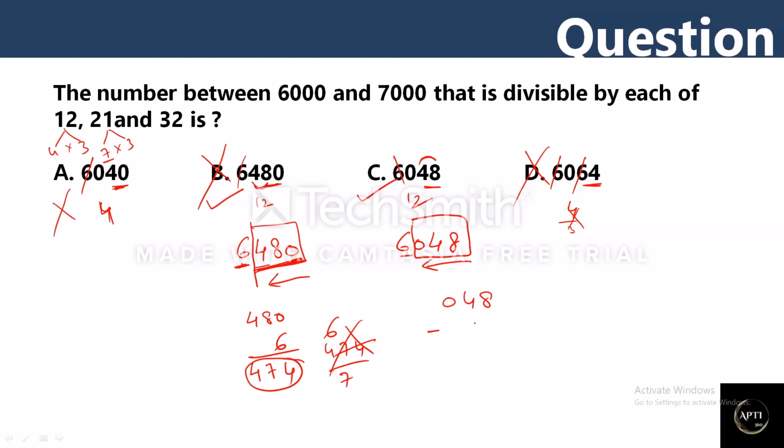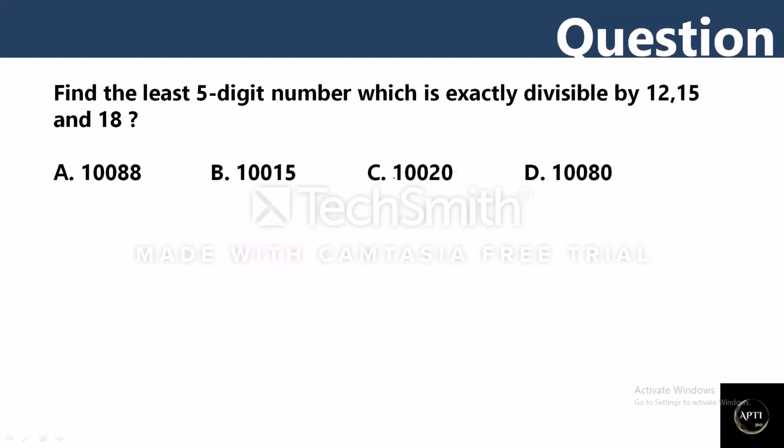Write the same number here and subtract it. What is 48 minus 6? 42. Is 42 divisible by 7? Of course it is. So option C is my answer. This is how we can cross check with the divisibility rule of 7. I hope you are all clear with this. Now we'll move on to the next question.